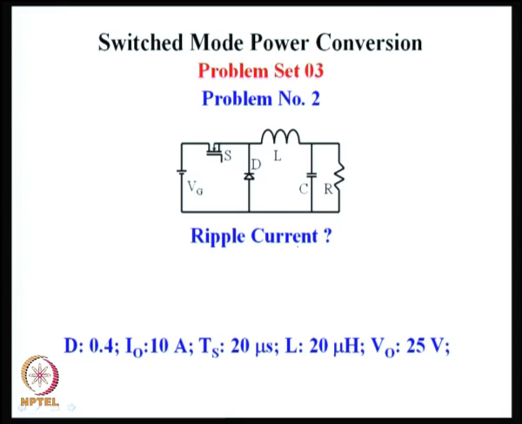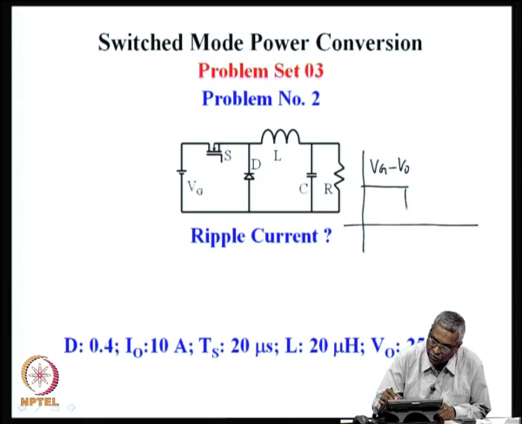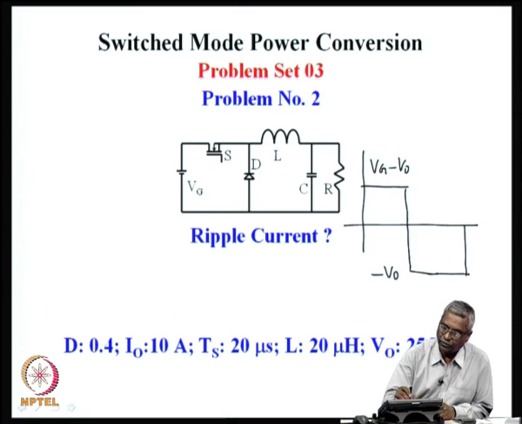Ripple current is always found out by finding the voltage across the inductor. For example, the inductor has a voltage of Vg minus V naught when the switch is on, and when the switch is off, it has a voltage of minus V naught, because when the switch is off, this diode is conducting.